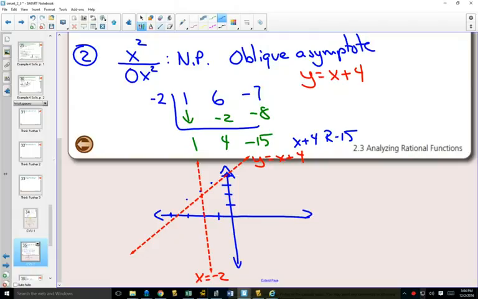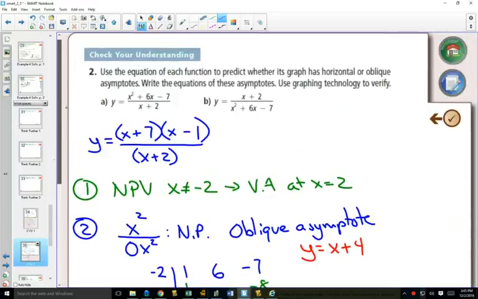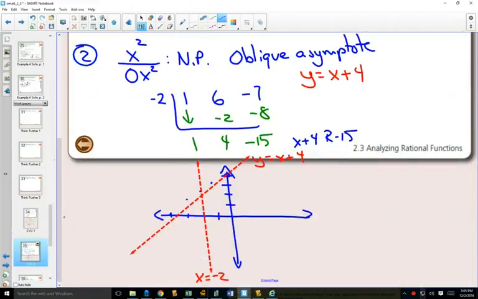Once you have all of your asymptotes, now it's a matter of putting some points. Again, we'll start with our x-intercepts and y-intercepts. If you plug in 0 for x into your original equation, can you see that you'll get -7 over 2? -7 over 2 will be right there.